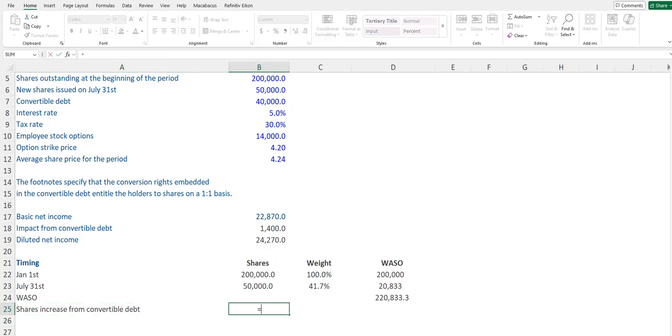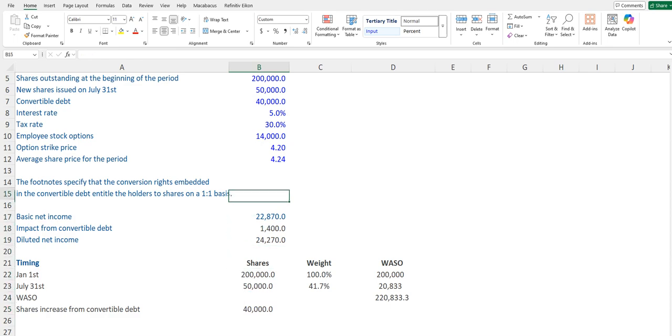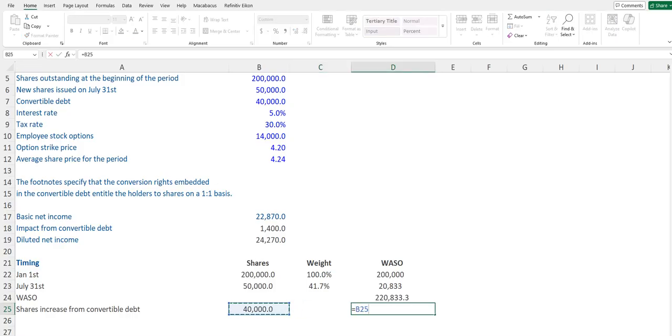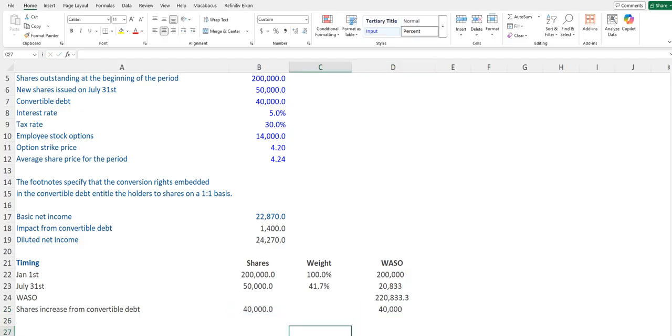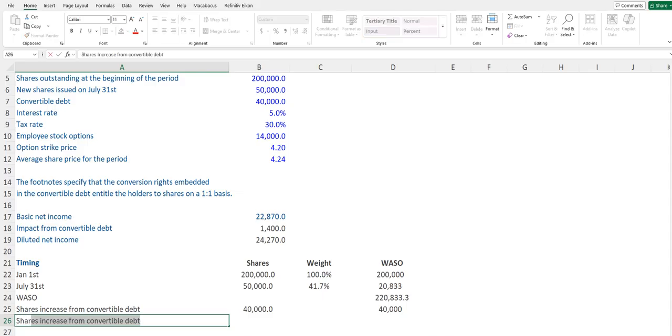That's 40,000, and remember it's on a one-to-one basis. So that's 40,000 shares, since it's a one-to-one basis.